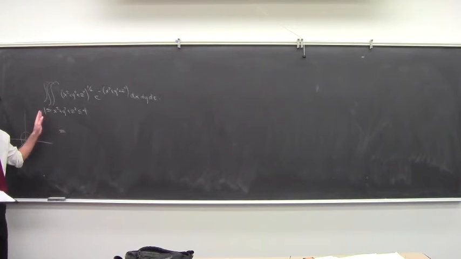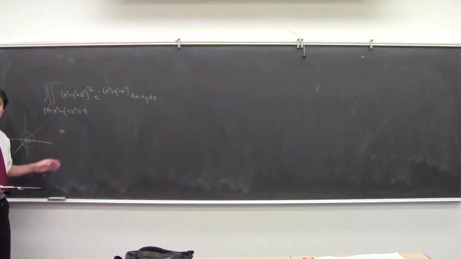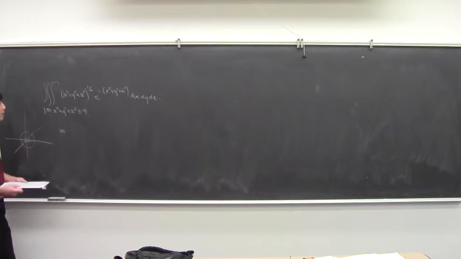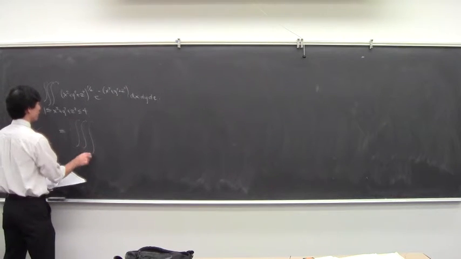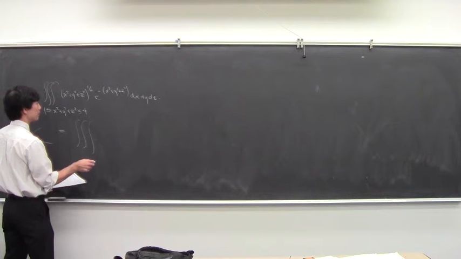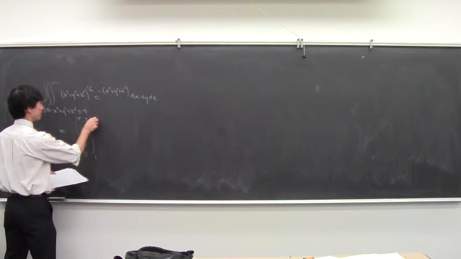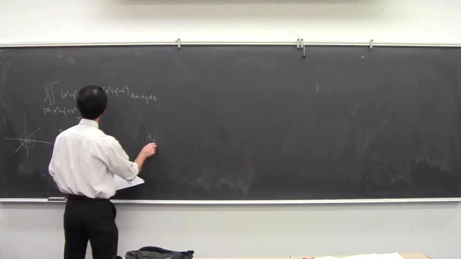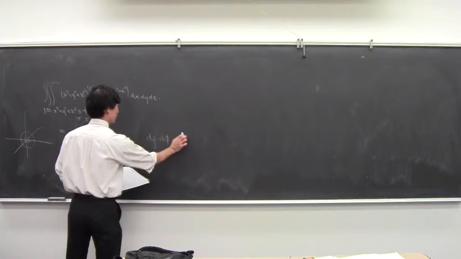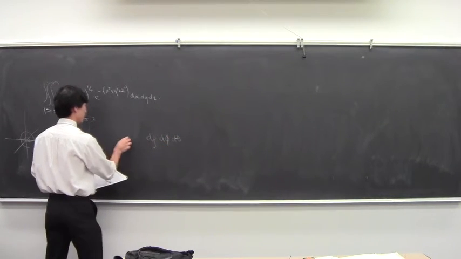Okay, Lily, how about you? What do you get? So the integral is from 0 to 2 pi, 0 to pi, and 1 to 2. Right, and so you're going d rho, d phi, d theta, and you need a scaling factor.